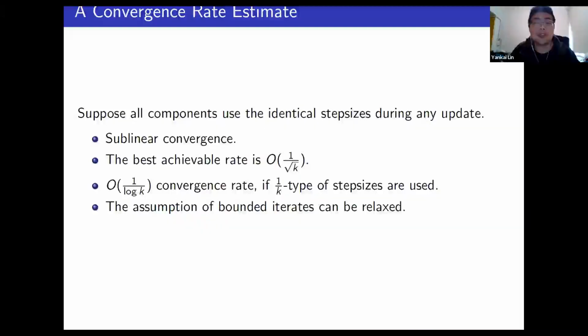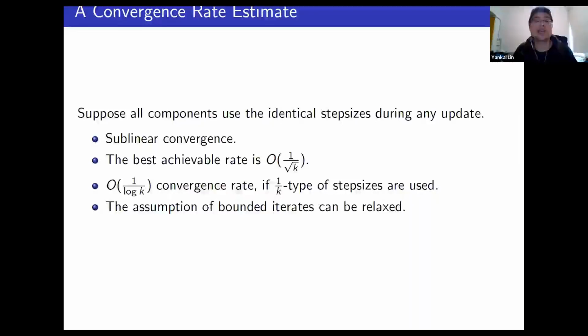For example, if you have 5 components and components 1, 2, and 5 are updating, and if one of them is using step size 1/4, then everyone else that's updating now would also use 1/4. And the step size should also satisfy the standard assumption. Since we now require everyone to use the same step size, you just need it to be square summable but not summable.